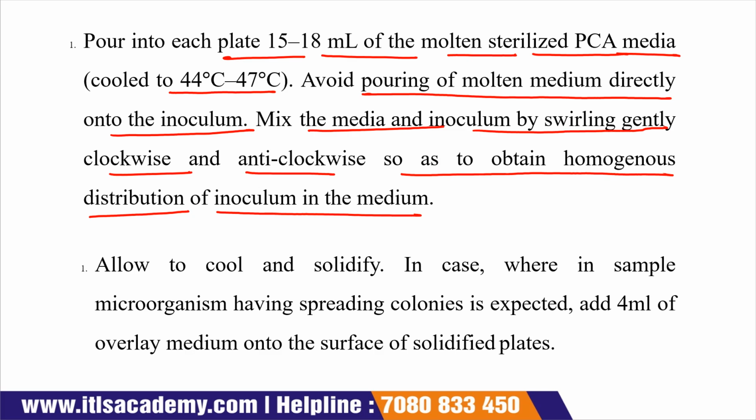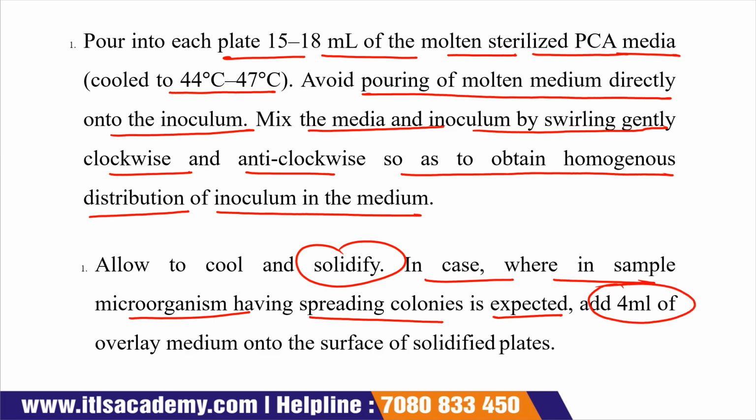Now we put the Petri plate inside the laminar airflow so that it will solidify. In case the sample microorganism is expected to have spreading colonies, then add 4 ml of overlay medium onto the surface of the solidified plate.